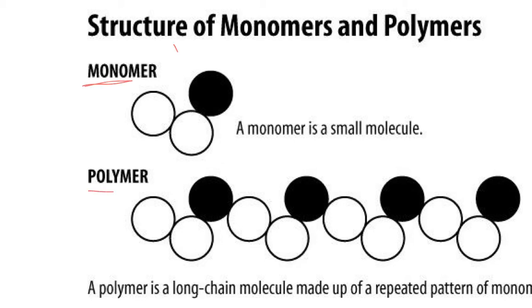And you should know this prefix poly, as in polygon or polyglot, that means many. So a monomer is one small molecule. A polymer is these small molecules, these monomers, repeated over and over again until they make a large molecule. And that polymer is a macromolecule.